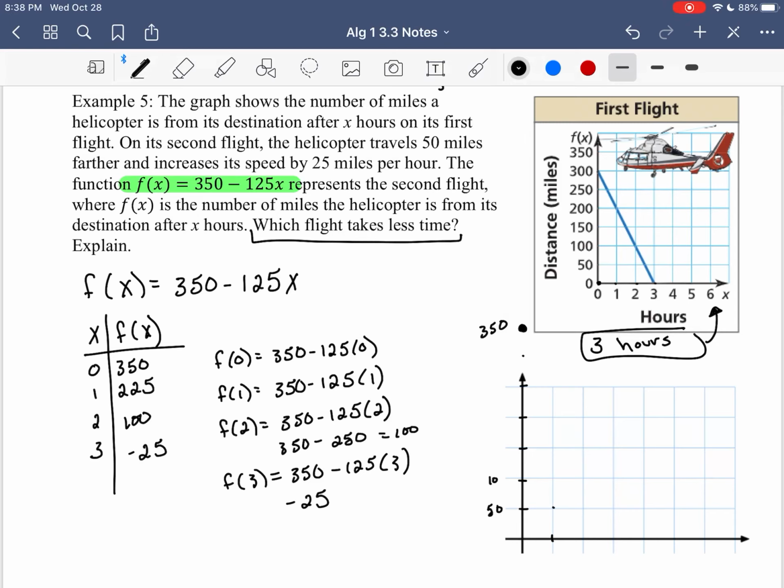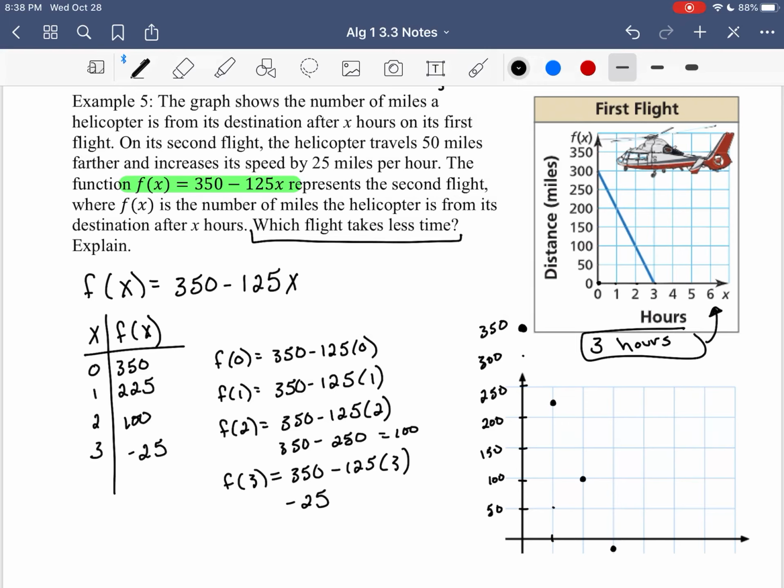Let's mark it. So after 1 hour, we'd be up here at 225. So we go there. At 2 hours, we'd be at 100. At 3 hours, we're at negative 25. So like down here.